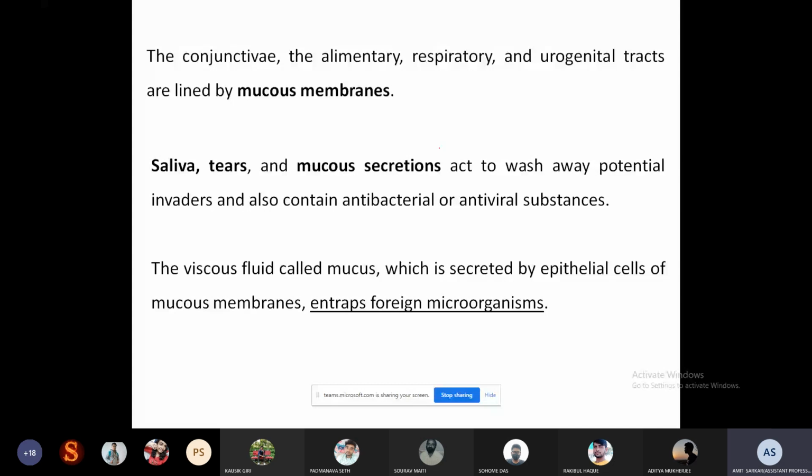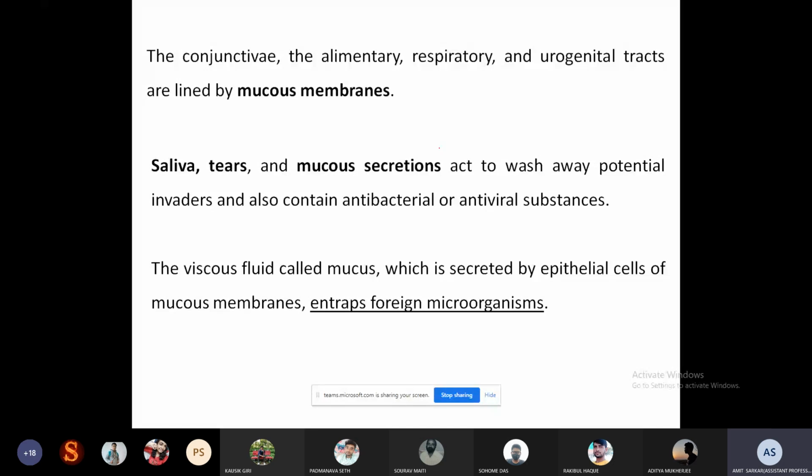So ফাঁদ পেতে microorganism ধরার মতো এত থকথকে হয় বলে viscous. It can also entrap foreign microorganisms. So mucus, on one hand, can wash away the microorganisms, and on the other hand, it can entrap the foreign microorganisms. So foreign microorganisms cannot go from one place to another. Eventually they will die.